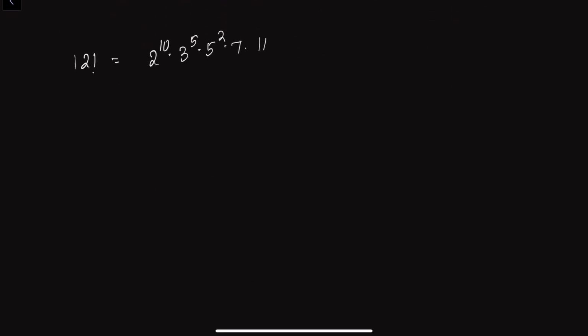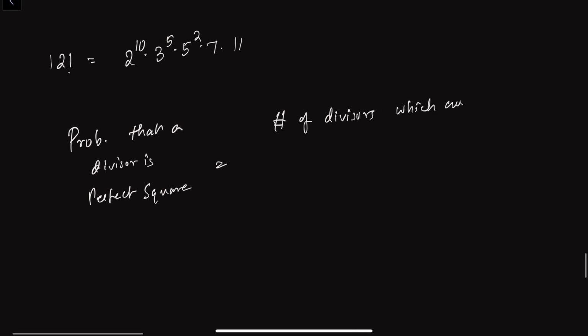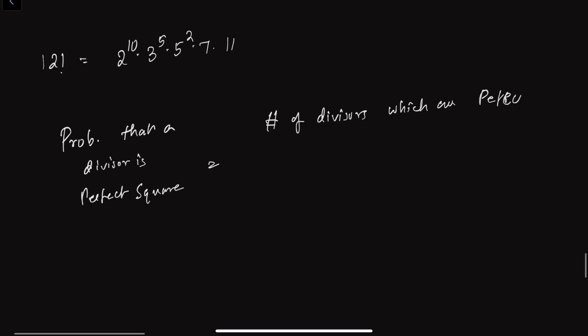Now we need to find the number of divisors. The question is asking about the probability that a divisor is a perfect square. That means we need to find the number of divisors which are perfect squares divided by the total number of divisors.